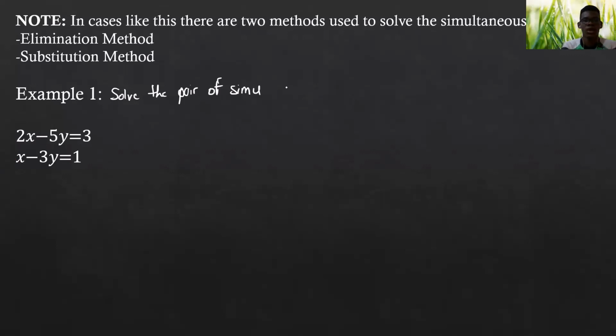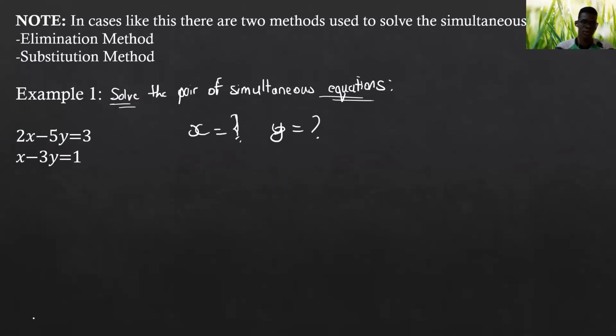So solve the pair of simultaneous equations. This is what the question is asking us to do. Solving means we need to find our unknown values: what is x and what is y. That's what they're asking for.